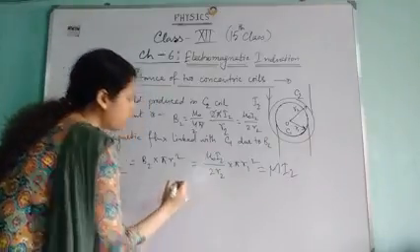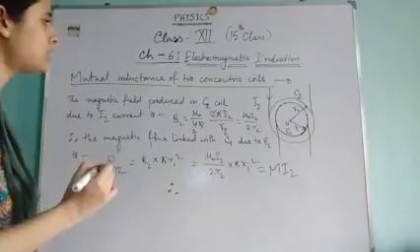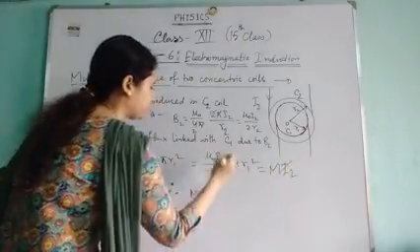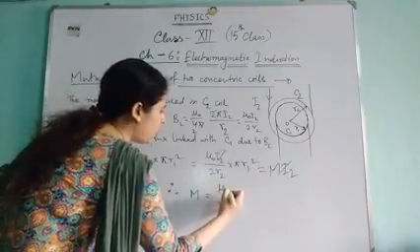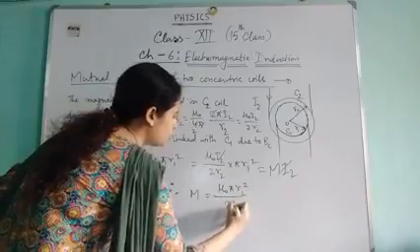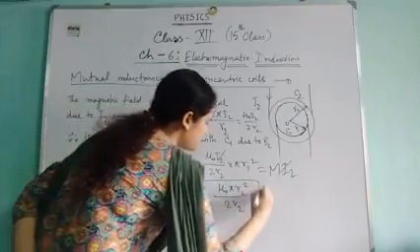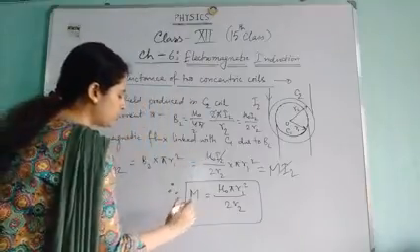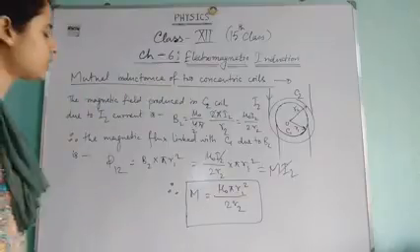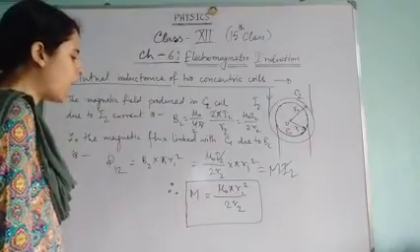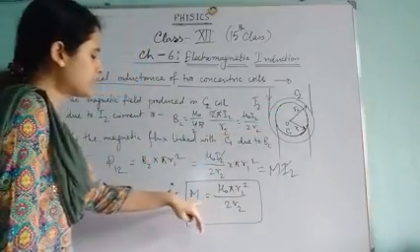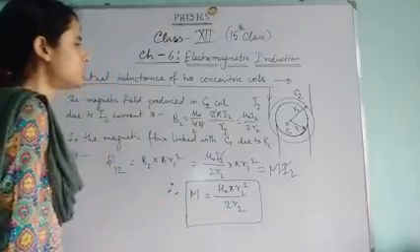Therefore, the coefficient of mutual inductance between the two concentric coils is M equals mu naught pi R1 squared by 2R2. So this is the required relation for the coefficient of mutual inductance of two concentric coils of radii R1 and R2. Because we have passed current through the second coil, we get R2 in the denominator.